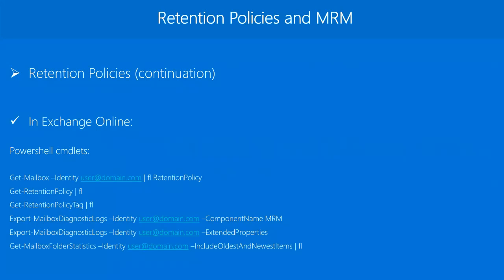If you want the complete description about a retention tag, Get-RetentionPolicyTag | FL, and the diagnostic logs that you can make use of when you have issues with MRM not getting processed on a specific mailbox. And if you want to understand what the items in the mailbox are and what their age is, including the oldest and newest items, it will get you the information sorted accordingly as well.